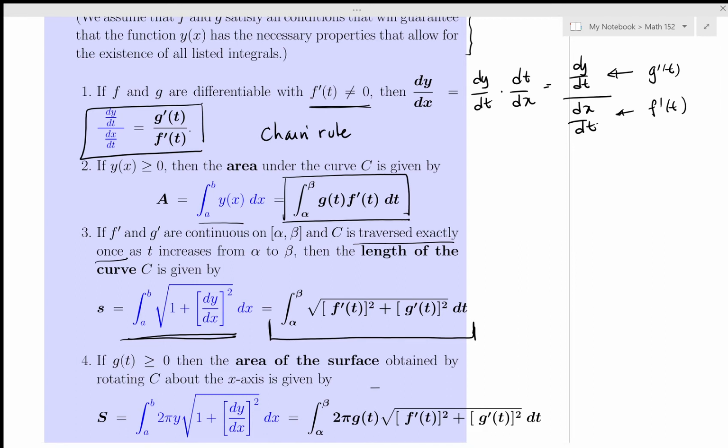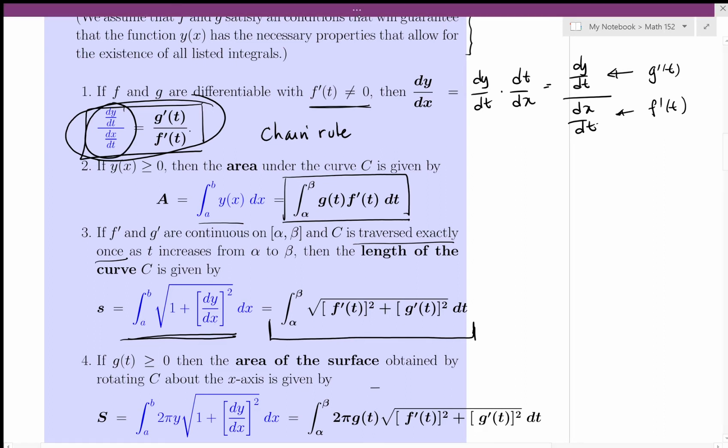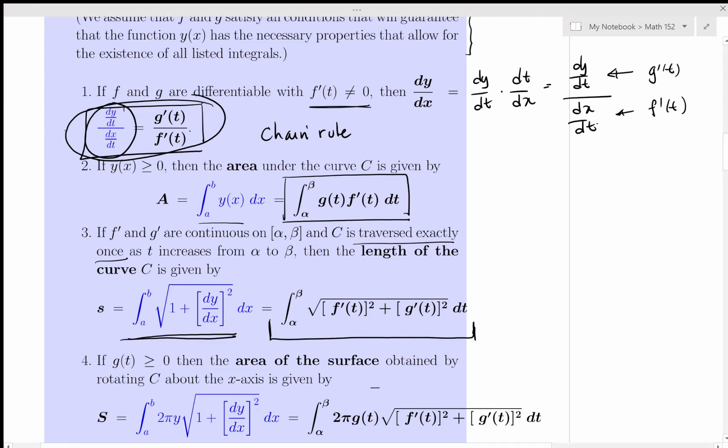So what do I have sitting up here? I can get that from the chain rule. And what's there? Dy by dt over dx by dt is dy by dx. Let's just make sure we're aware of that.